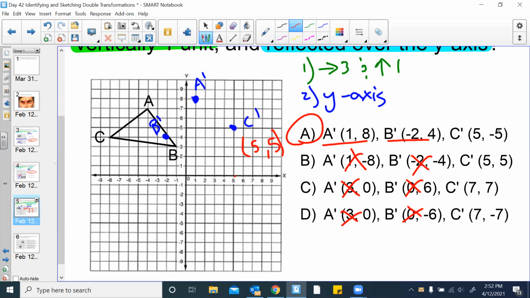It should be 5, 5. So actually this should be 5, 5. So good little test question to do before class here. But the answer is definitely going to be A. I must have just mistyped there.